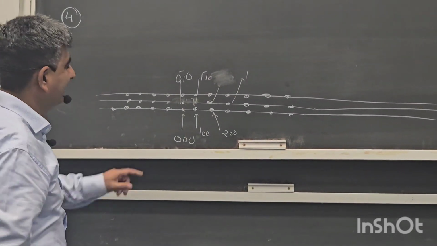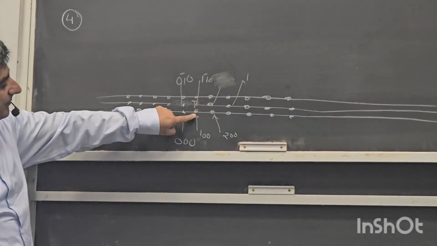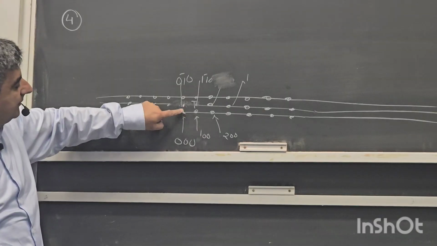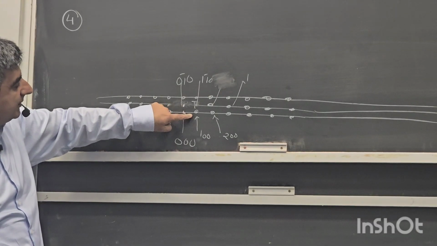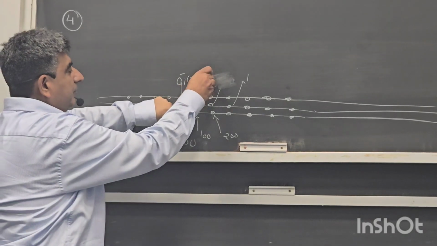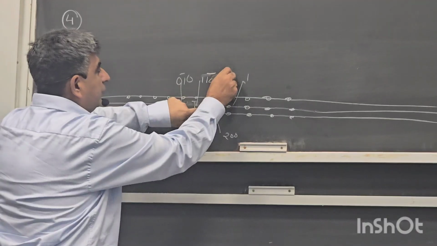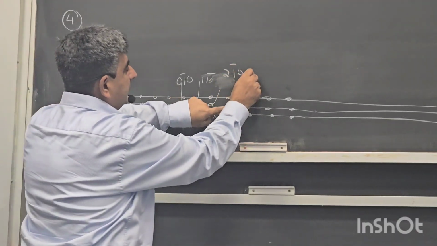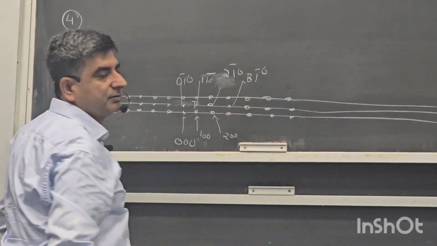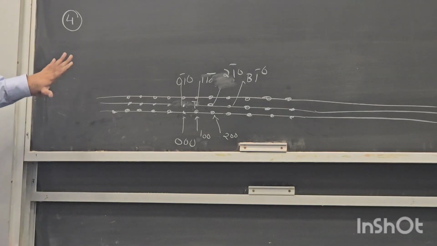One minute, this is 0,0,0, this is my 1,0,0, 2,0,0, this is 0,1',0, this is 1,1',0, this would be 2,1',0, this would be 3,1',0, and so on. Alright, so this is my reciprocal lattice.